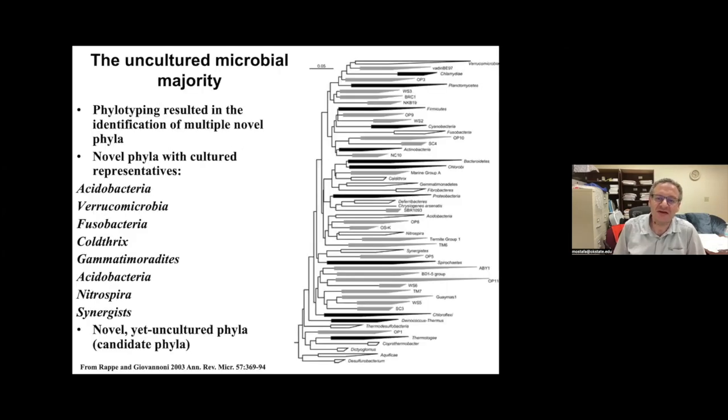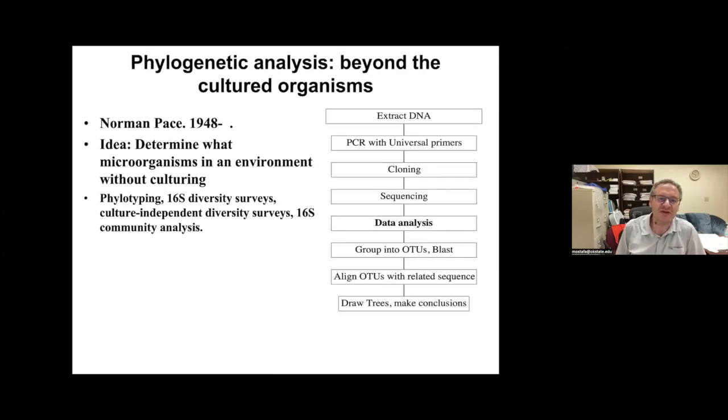The whole beauty of this approach is that you can go to a specific environment, go through specific procedures, and the results would tell you what types of microorganisms are present in this environment. And it has a huge impact on our understanding of the scope of diversity, as I said.